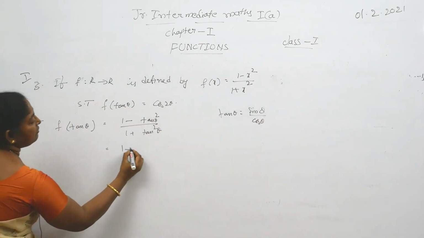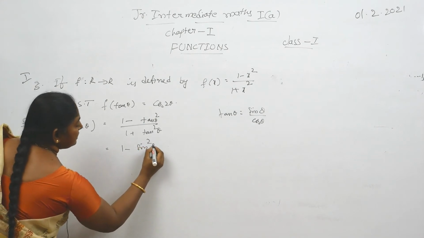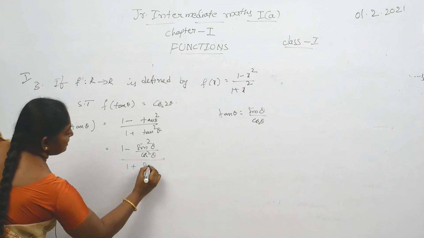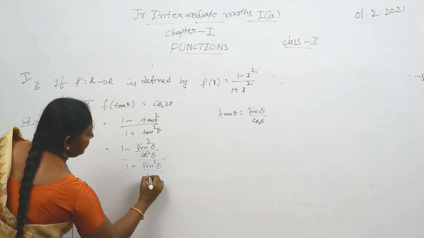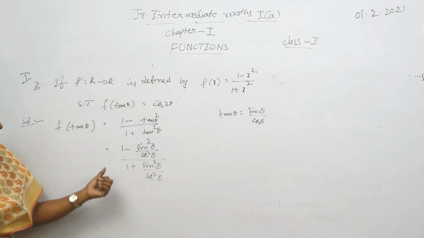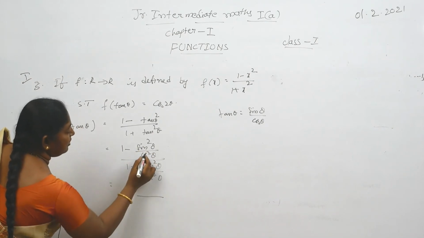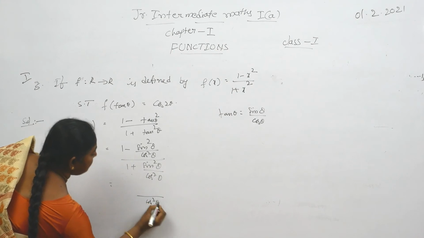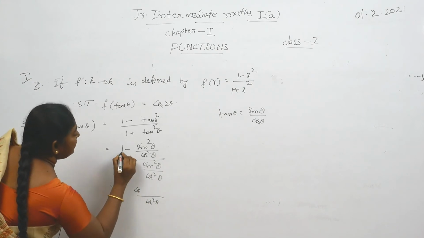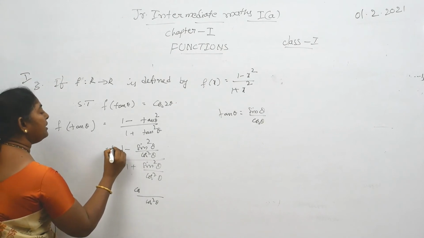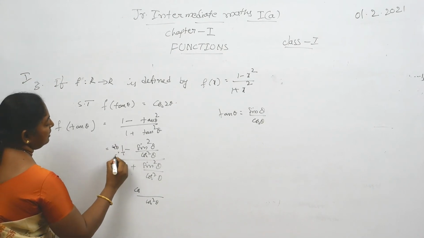Substitute here. So 1 minus sin square theta by cos square theta by 1 plus sin square theta by cos square theta. Here taking LCM, so denominator cos square theta, 1. Denominator also 1. So we have to multiply numerator and denominator with cos square.